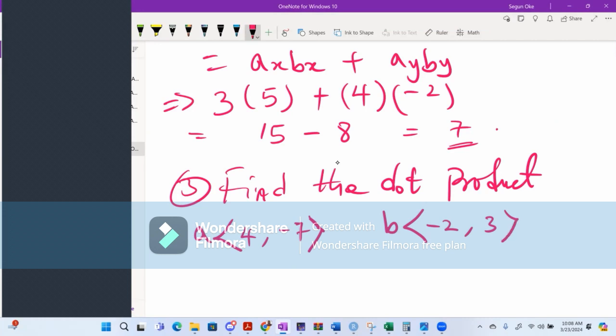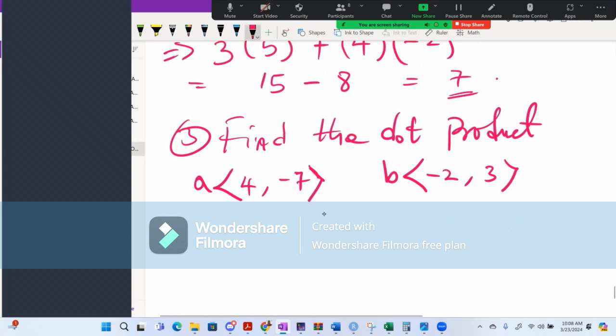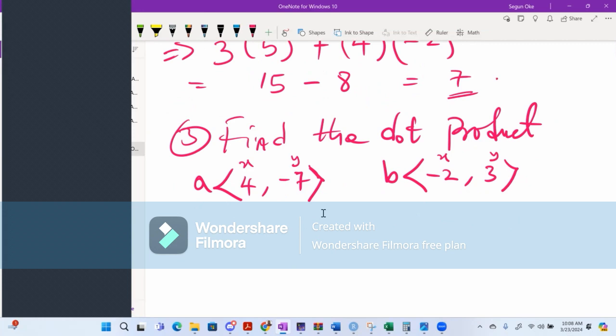So when you see this, what comes to your mind? What kind of question is this? So this will also be on the coordinates. This is X, Y. That is X, Y. You get it now. So it will make more sense to you. So what is your A dot B?